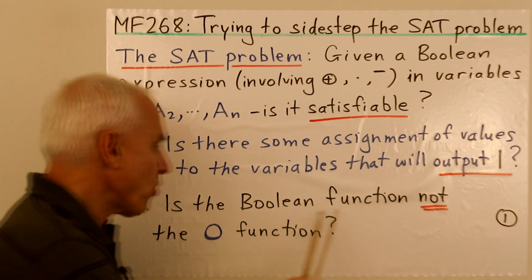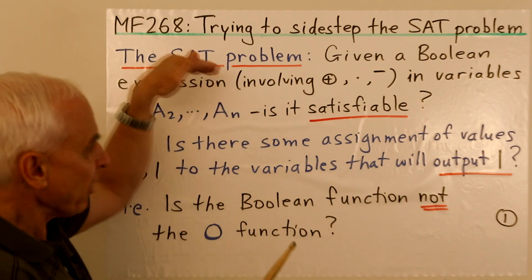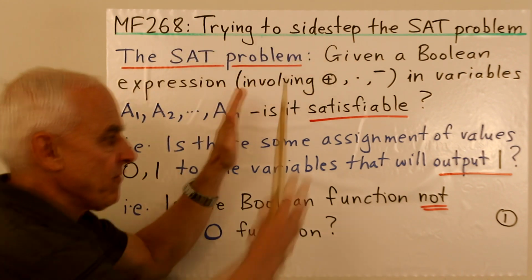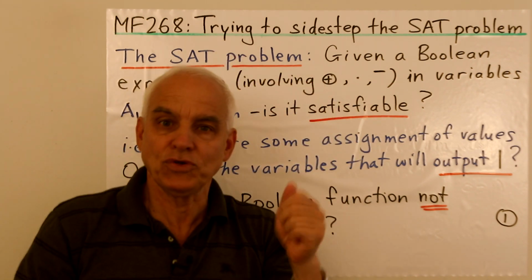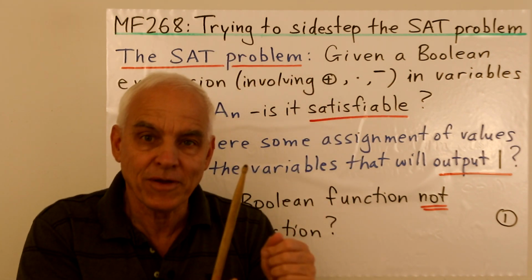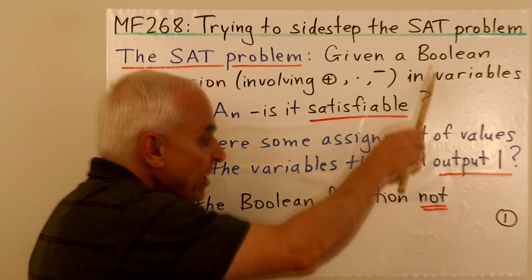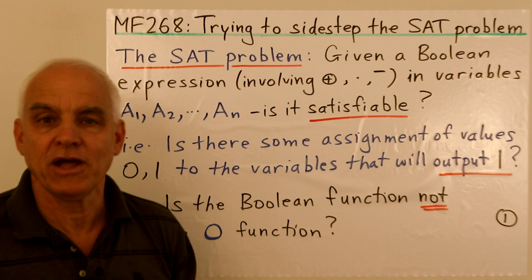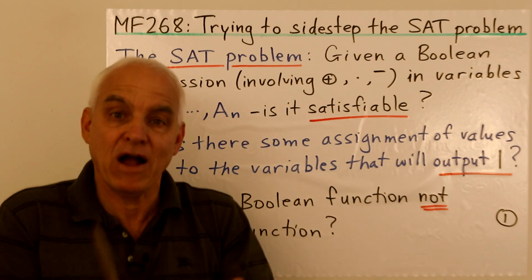So if we think about the corresponding Boolean function, if we imagine the variables a1 up to an forming a big table, and here are all the possible 2 to the n inputs to the variables, then on the right hand column we can imagine the values of this Boolean expression as a function.